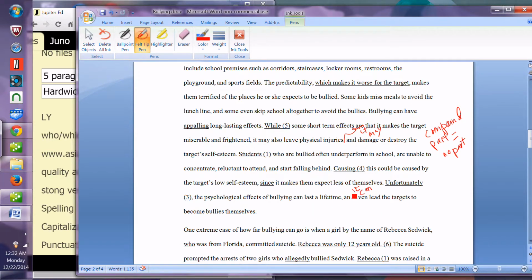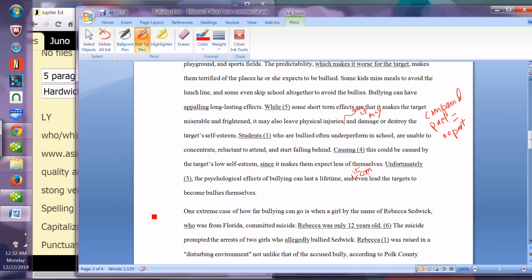So this time, I'll just fix it by making it a compound sentence, and the comma can stand. That just needs to be indented because that's starting a new paragraph.